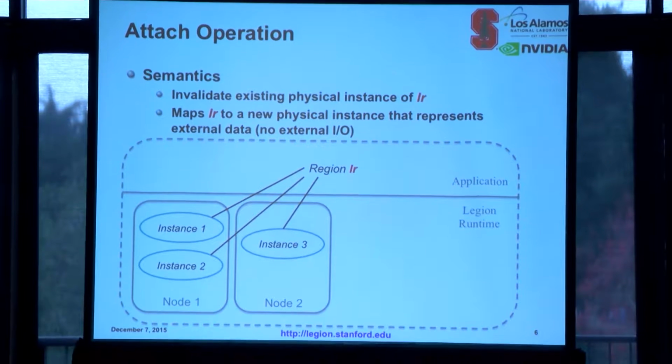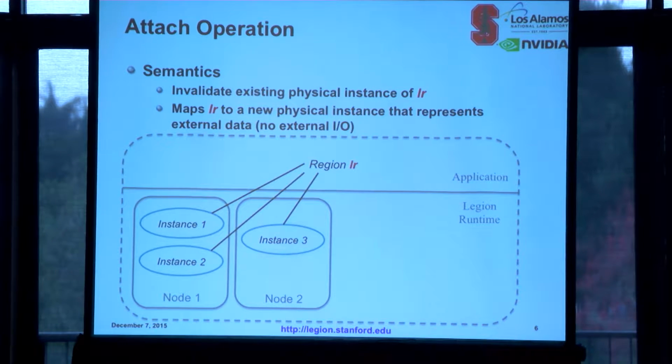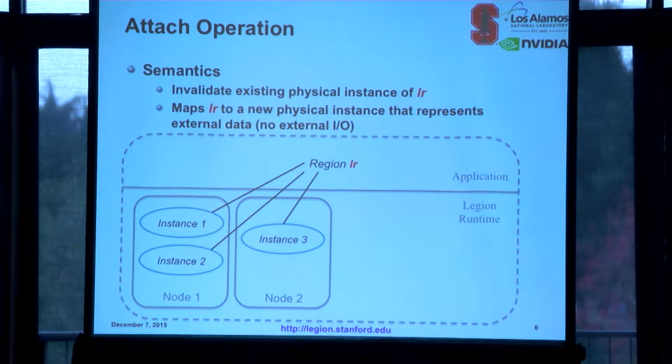The semantics of the attach operation involve two steps. The first step: the logical region could have been previously mapped to some existing physical instance, and Legion cannot guarantee that the data in the existing instance are identical to the data in the external resource.